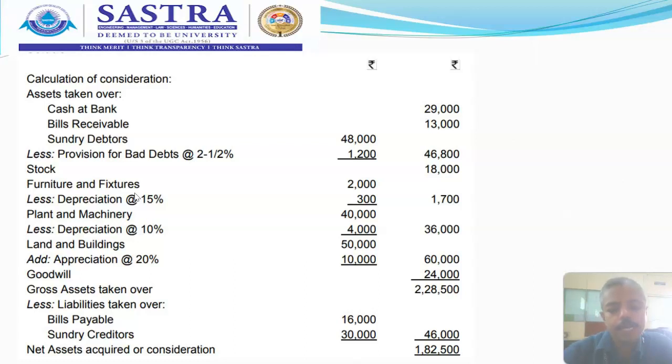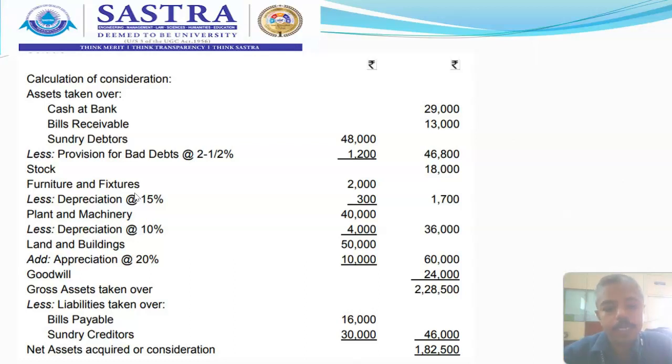So we only need to take external liabilities. Please make a note: external liabilities are the ones allowed to be taken. The share capital, existing reserves, and profit and loss account, all these internal liabilities will not be considered. Only the external liabilities, so the total taken over by the acquiring company is rupees 46,000.